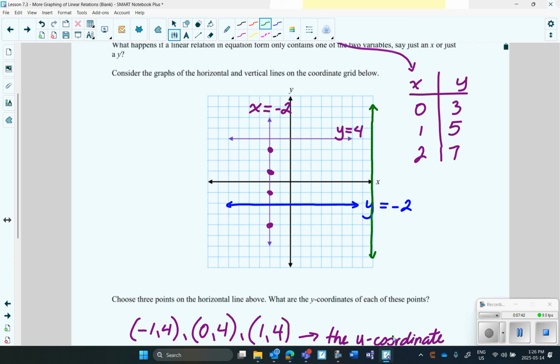X equals 8. Works out to 8. Okay? So any equation that has an x and y in it will be a slanted line. Any equation that has just a y will be horizontal. Any equation that has just x will be vertical.